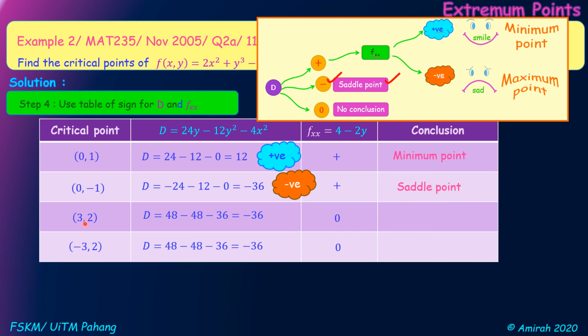And then for the third critical point, we also have D negative value, so we will get saddle point. And for the last critical point, D is also negative value. So when D equals negative value, we will get saddle point.